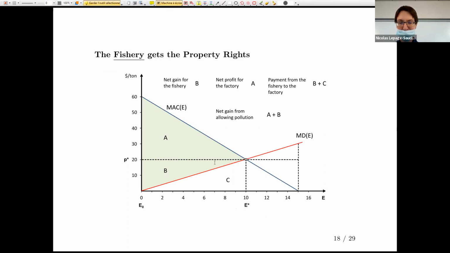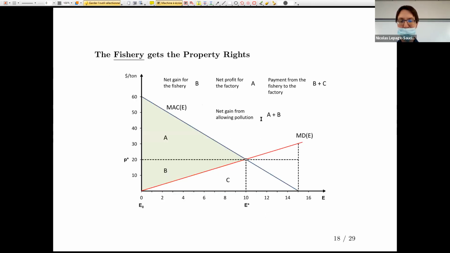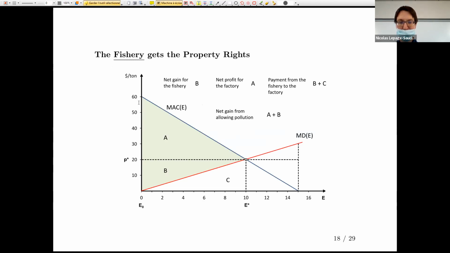This is the situation. As was rightfully calculated, the total payment is 200. The total damage created is this region C, so 10 times 20 divided by 2. The total abatement cost avoided is the whole area below the marginal abatement cost.